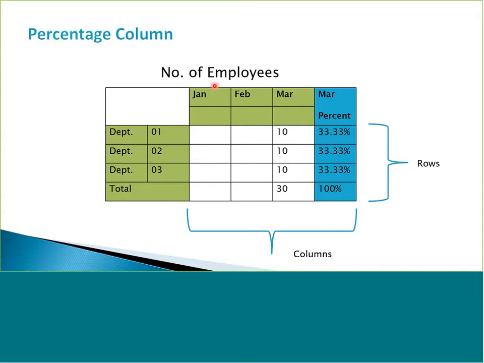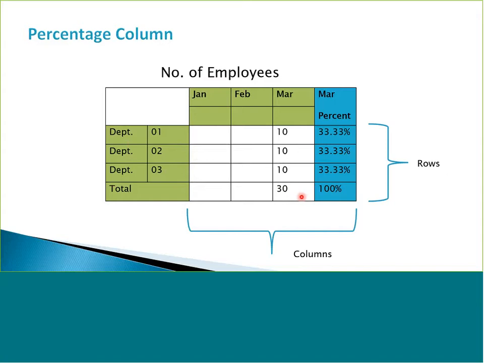When we read it from top down, we can have the total number of employees, assuming these are all the departments in the company. We can have the total number of employees for January, for February, and for March.